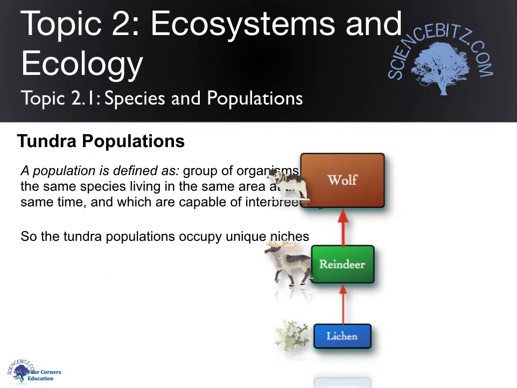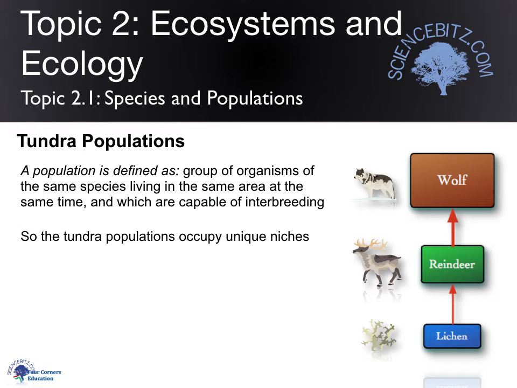So let's have a look at this again and think about it in terms of what we've looked at for the idea of resources and niche. Because of the limits imposed on the ecosystem by the abiotic conditions, the abiotic factors, the populations here occupy very, very unique niches. Lichen exists as a symbiotic relationship between an algae and a fungus. It occupies a unique niche.